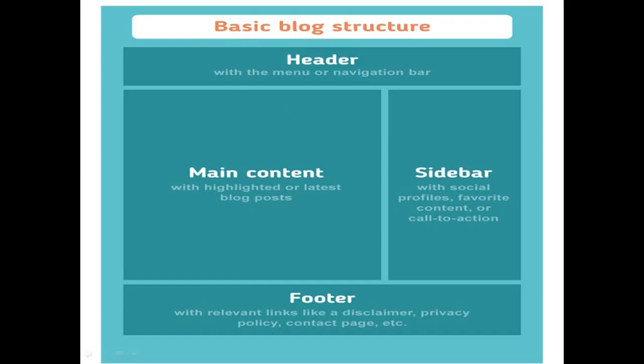Here are common features: the header part with the menu or navigation bar, then the main content area with highlighted or latest blog posts, then the sidebar with social profiles, favorite content or call to action, and the last one is your footer part, which includes relevant links like privacy policy, contact page, etc. So this is the basic structure of a blog.